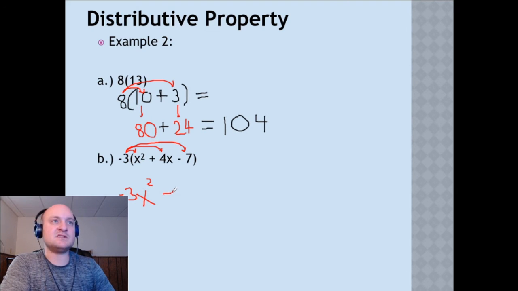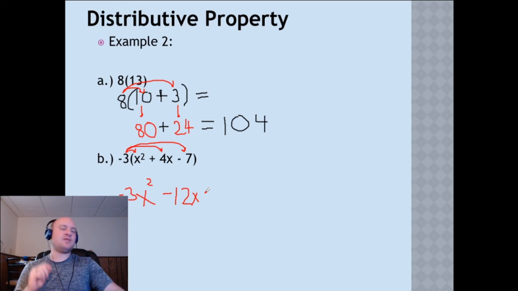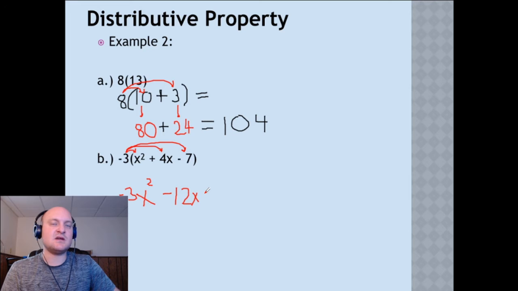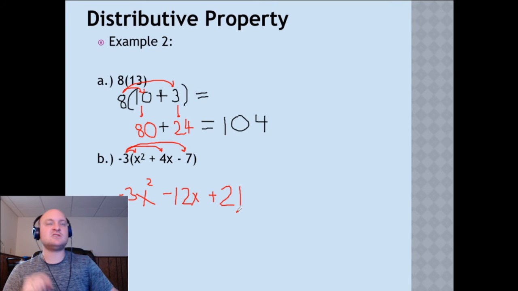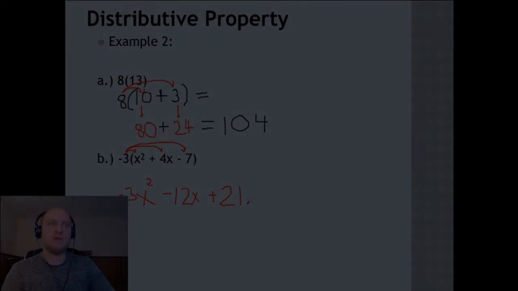I have minus 12x, and I have a double negative with the negative 3 times 7 that's being subtracted. That double negative turns into 21. At this point, because of like terms, where I have x squared and then just x and then just 21, I am done combining things, and this is my final answer for letter B.